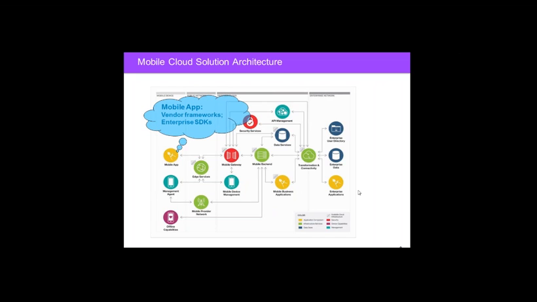So let's focus now on the app. The mobile app is a core component, obviously, and one of the things that is important to understand is there's a whole ecosystem in these mobile applications. Vendors provide core enterprise SDKs into their ecosystem, and oftentimes the enterprise services that are provided need to interact with these things.